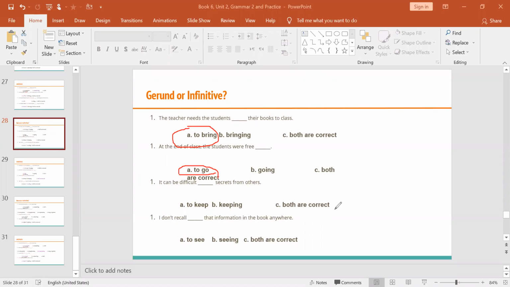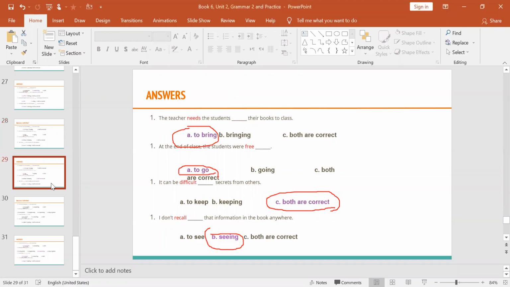To be honest, both work, but let's see what the slide says. I don't recall seeing that information. And then let's see what the slide says. Good.